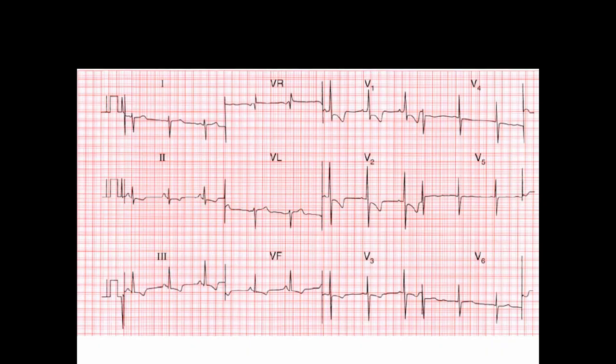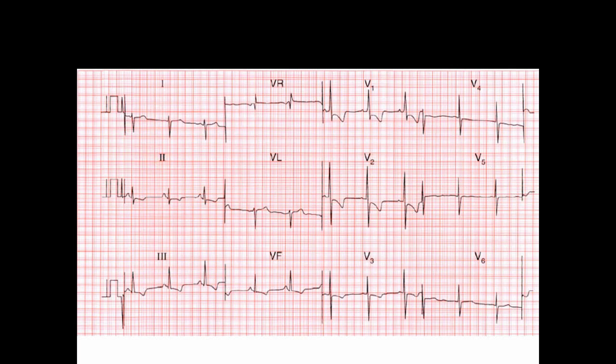And here you can see that there is a large upright R wave in V1. R wave is much larger than the S wave, and it is more than 5 mm in lead V1, and there's a right axis deviation. Looking at lead 1, 2, 3, you can infer that there's a right axis deviation here. So this ECG is that of right ventricular hypertrophy.